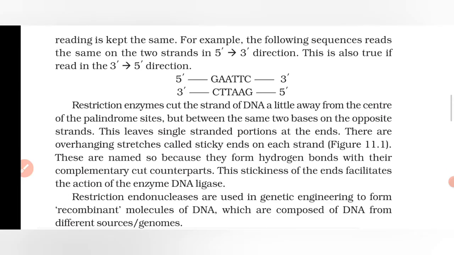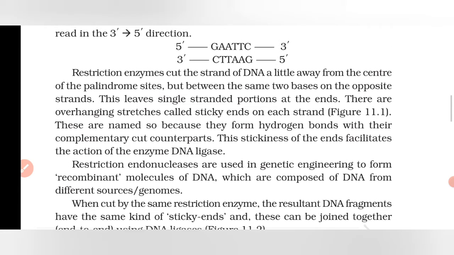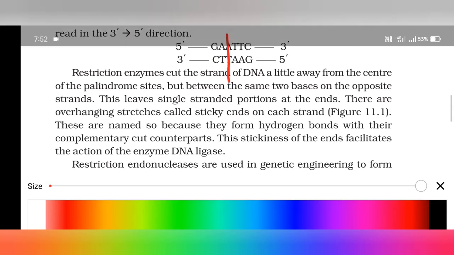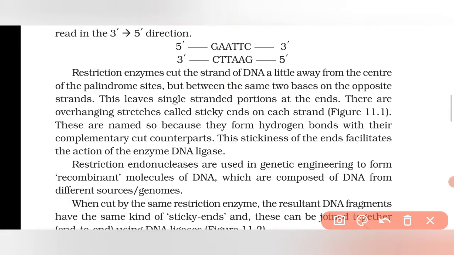This is a palindrome. Restriction enzymes cut the strands of DNA a little away from the center of this palindrome site. Not exactly at the center. So, let's take the example of this GAATTC. It will not cut this palindrome at the center. It will make a cut here and here, and it will leave this center part.